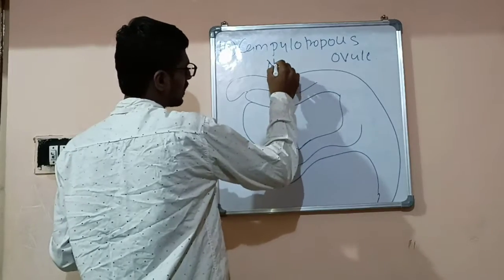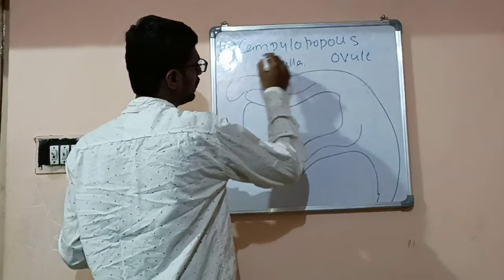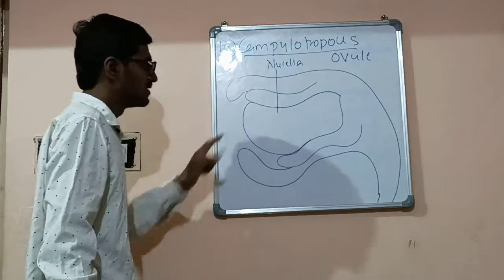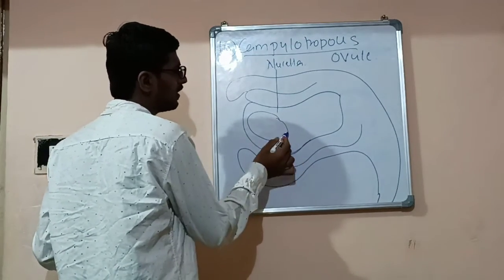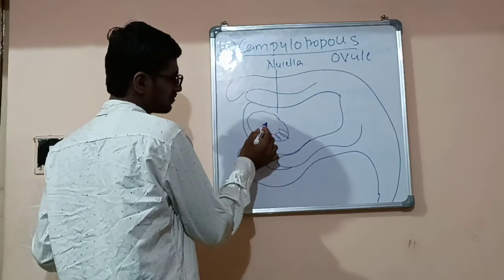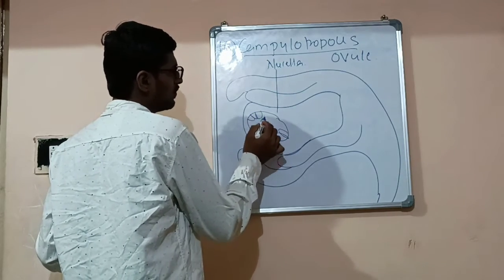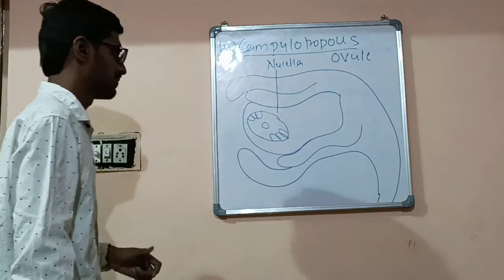In the previous class I mentioned the parts of all ovules. In the nucellus there is the embryo sac, which bears the eggs and synergids, where double fertilization takes place.